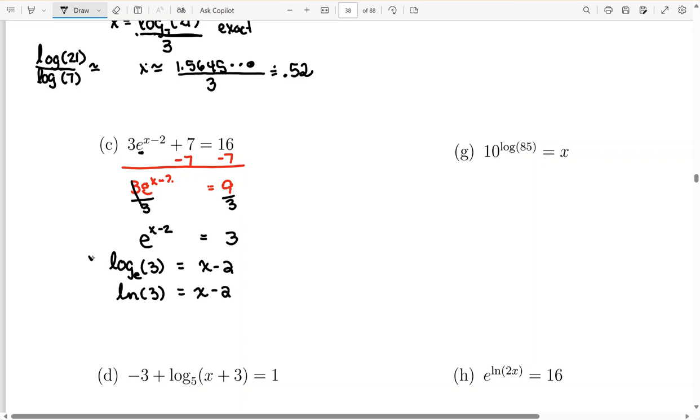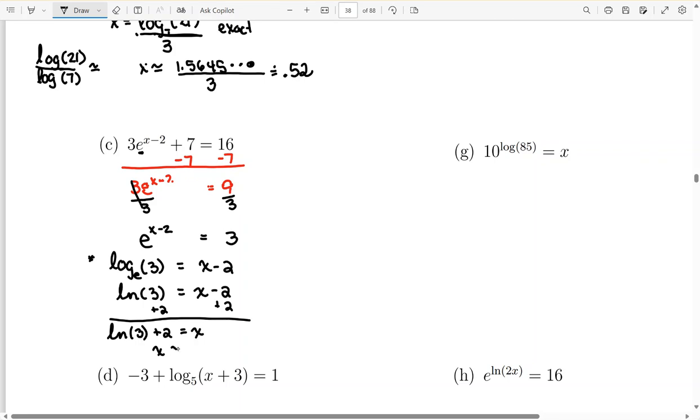This is a good step to put in because it reminds you that you're going from an exponent to the log, and then if it happens to be log base e, you can rewrite it as ln. To finish solving for x, I undo subtraction with addition. Notice the plus 2 is not going inside the logarithm. It's just hanging out.